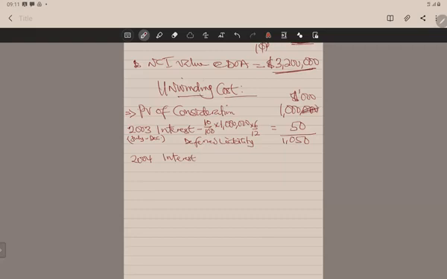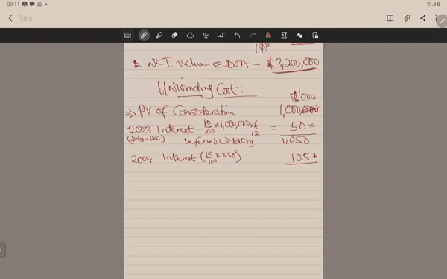Remember that your interest accrued evenly. So your interest will be 10% on this 1,050 naira, which will give you 105. So in 2004, you are recognizing 105.